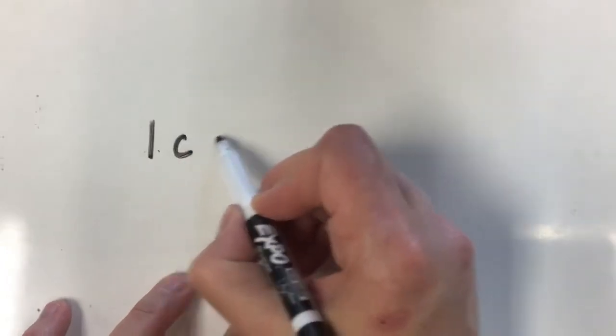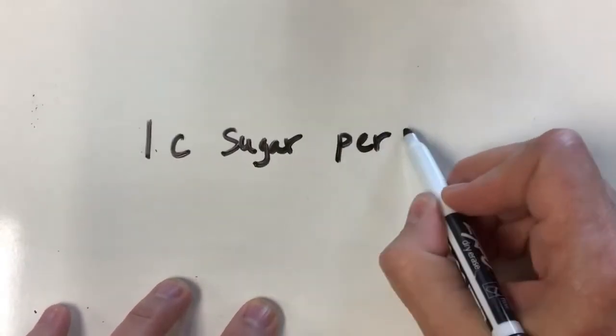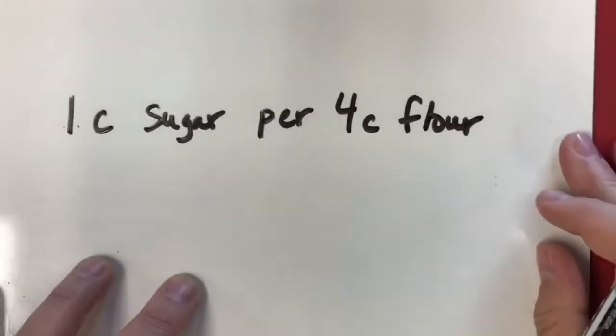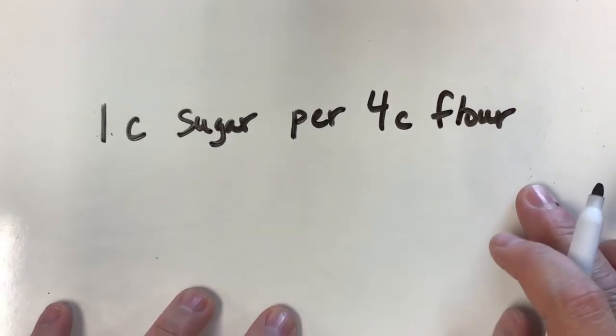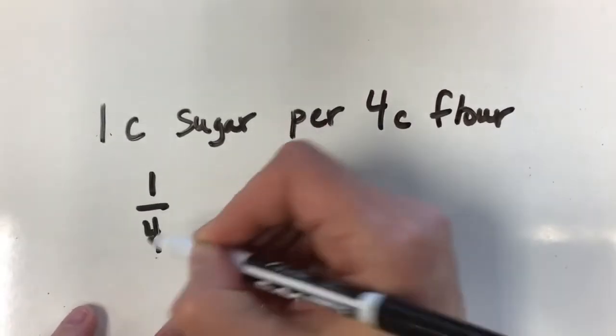Another example would be, say we were doing pie crust, okay? And we had maybe 1 cup of sugar per 4 cups of flour. So if we had 1 cup of sugar per 4 cups of flour, it would look like this as a ratio, 1:4, right?